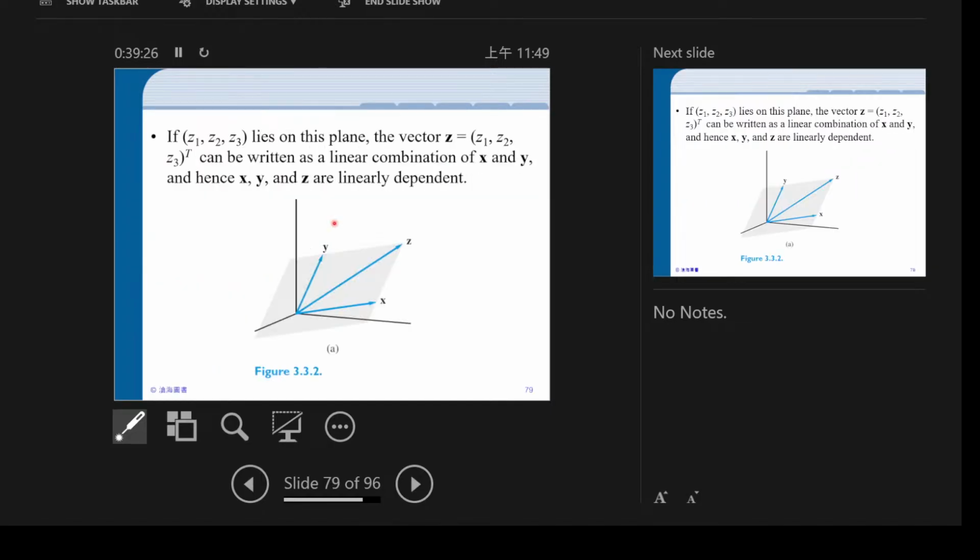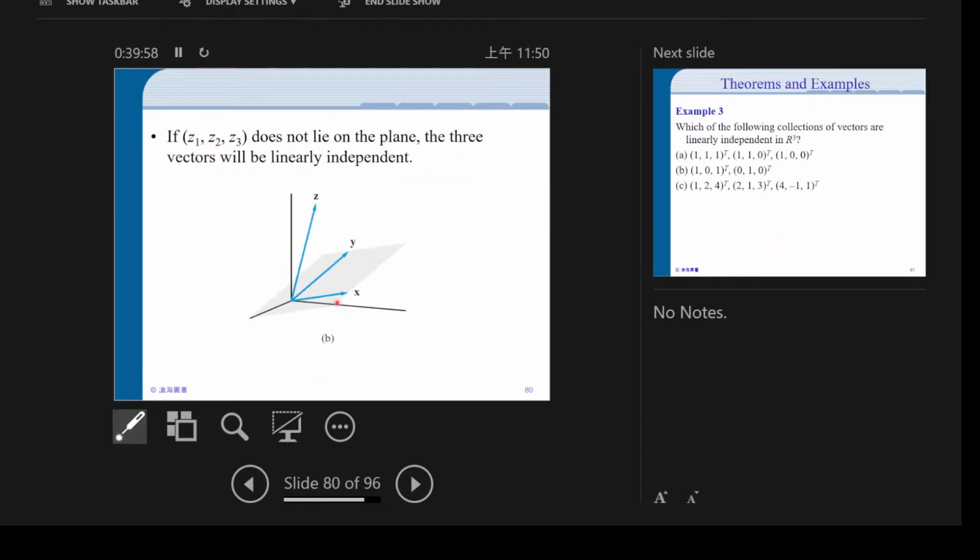And if we are in three dimensions, you have two vectors, and they already span a plane. Then linear dependence of z on x and y means that z is in the span of x and y, so all three of them are in the same two-dimensional space.